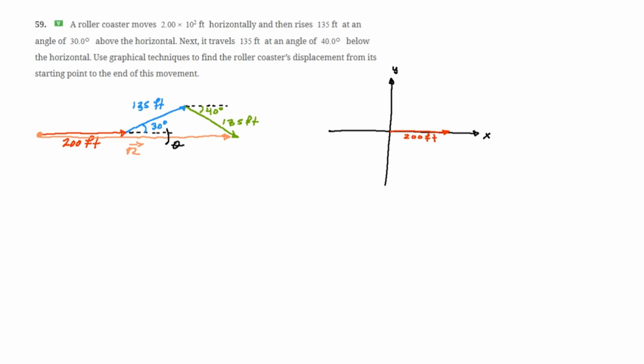I will represent my vector of 135 feet, 30 degrees above the horizontal here. I will represent now my 135 feet vector, 30 degrees above the horizontal. And I will represent my 135 feet vector 40 degrees below the horizontal.